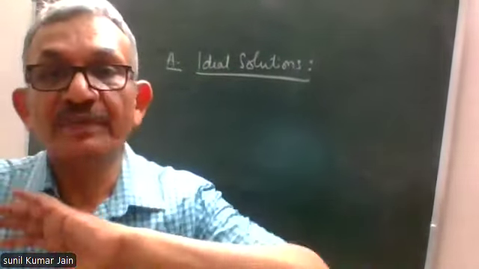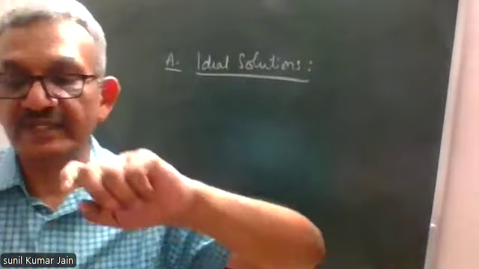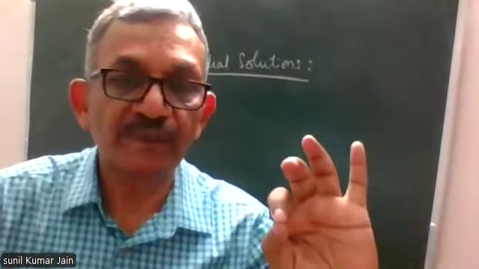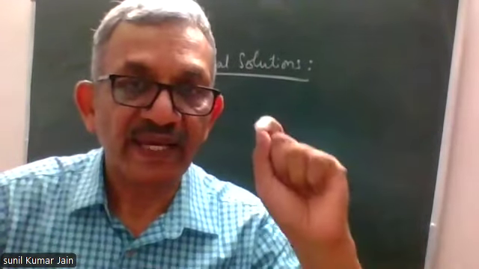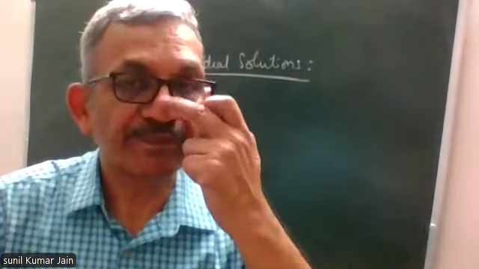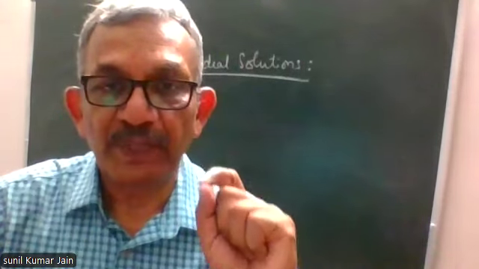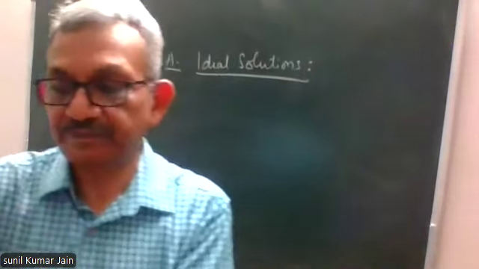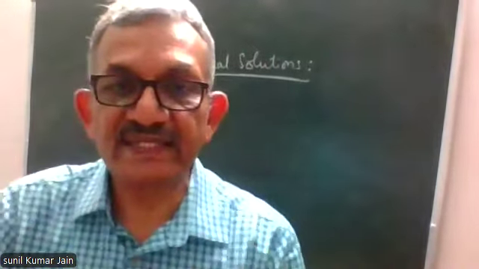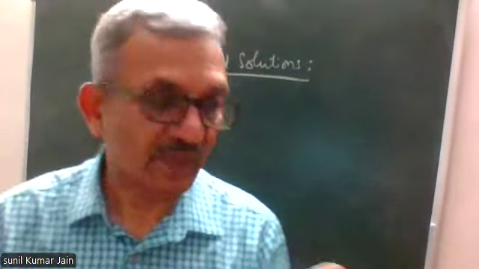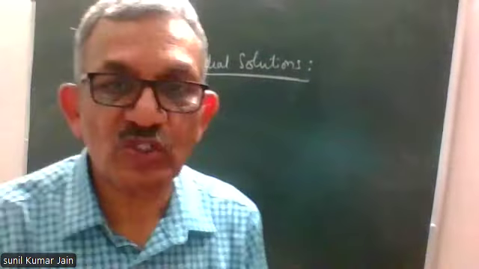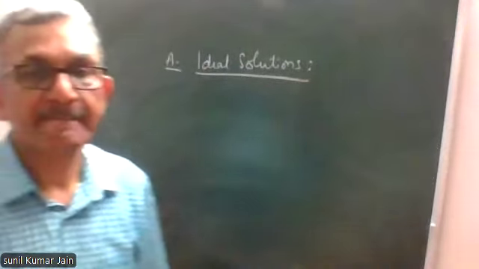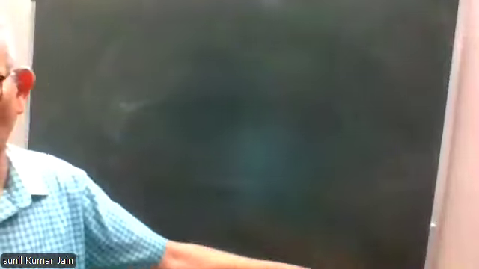So that the partial VP of each component obeys Raoult's law over the entire range of concentration, so that the actual, that is experimentally determined, partial VP of each component is equal to what is expected on the basis of Raoult's law.